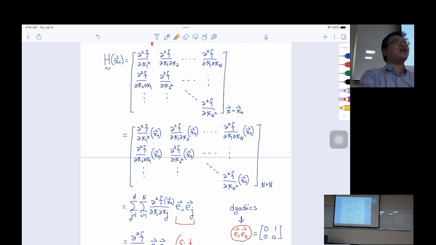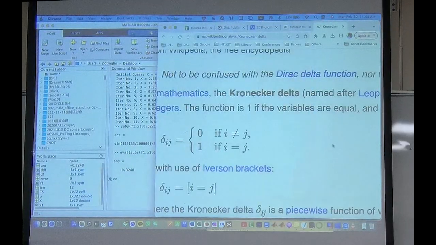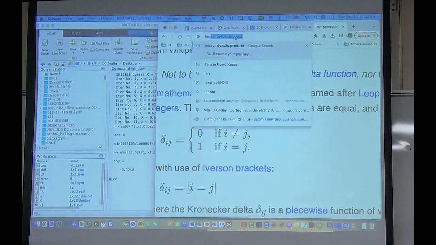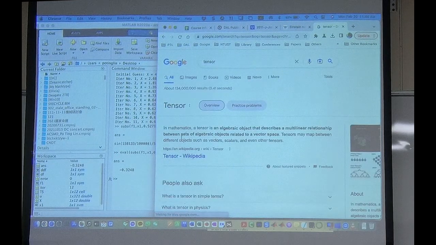So in the course, on the first day, the lecturer asked us, who has heard of tensor?